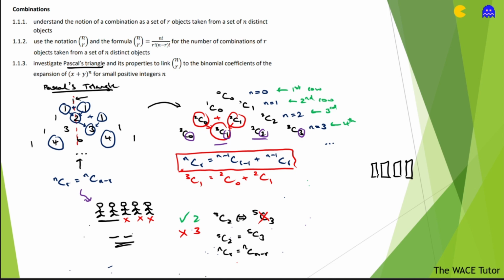So all the different ways you can take from the books is you can take 0 of them, you can take 1 of them, 2 of them, 3 of them, 4 of them. You'll notice that this corresponds to the n equals 4 row of Pascal's triangle. So if you've got a set of objects and you're instructed that you can choose any number of them, then the total number of ways you can do that is going to be the sum of the nth row of Pascal's triangle. The n equals n row of Pascal's triangle, that is.